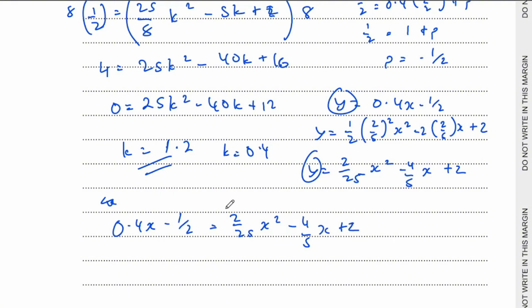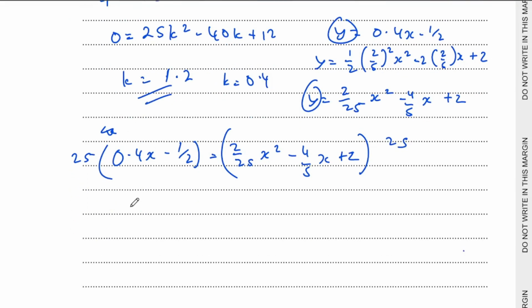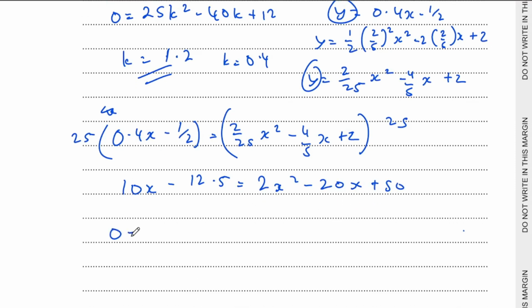We want to get rid of the denominators, so we multiply by 25 throughout, and we end up getting 10x minus 12.5 equals 2x squared minus 20x plus 50. Let's just rearrange them a bit, and so 0 equals 2x squared minus 20x minus 10x is minus 30x, and then plus 62.5.